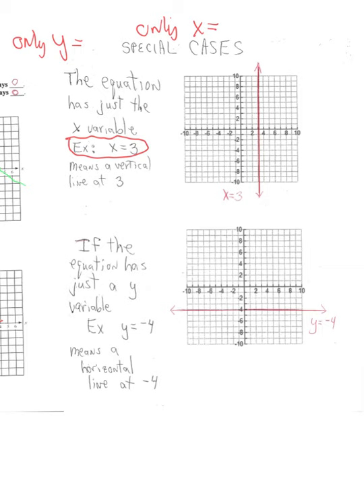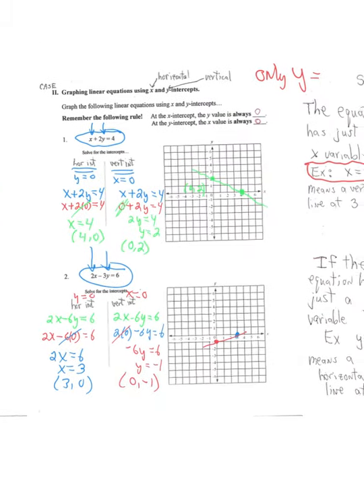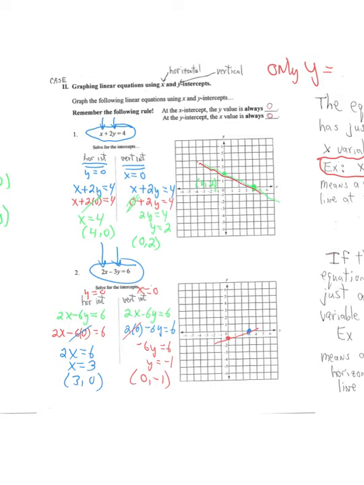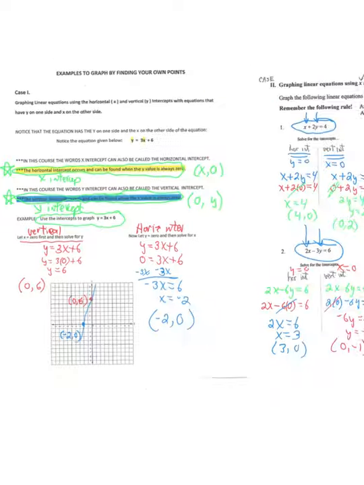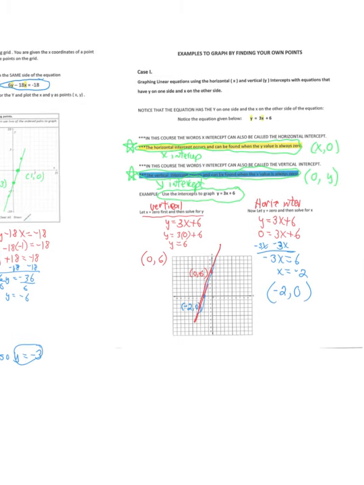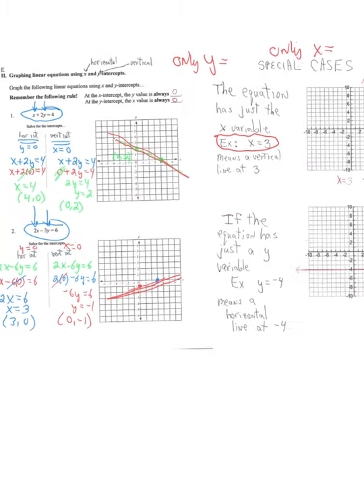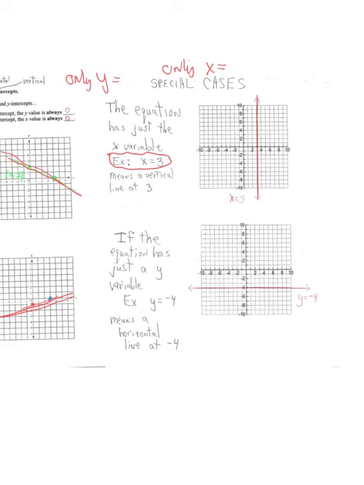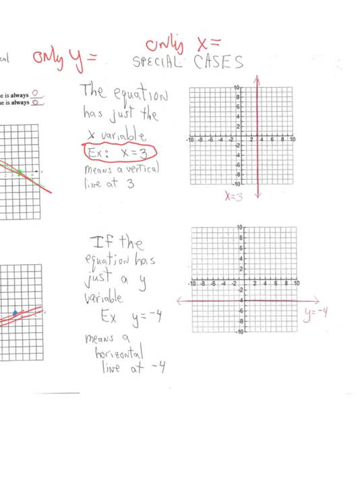And you notice they're special in their graphs. Most of the equations that we've been graphing are lines coming down at different slanted angles. Look at all of them that we did. All slanted angles there. So we've got 2 special situations.